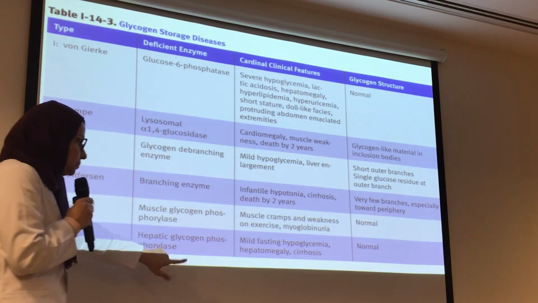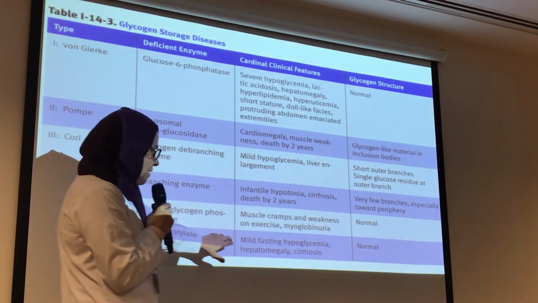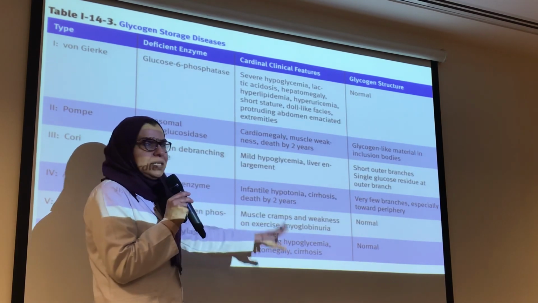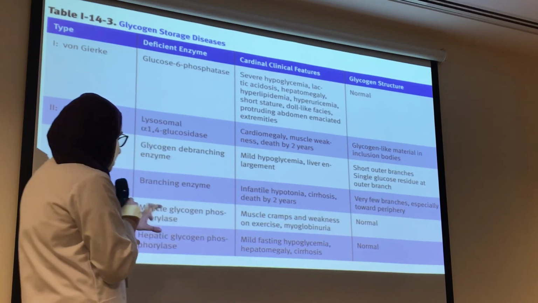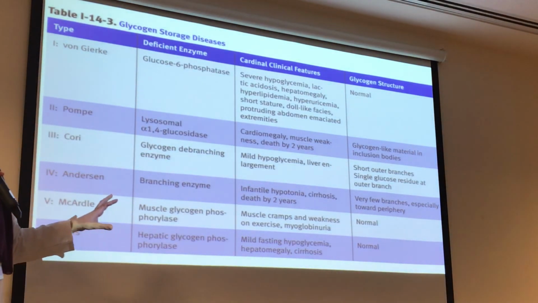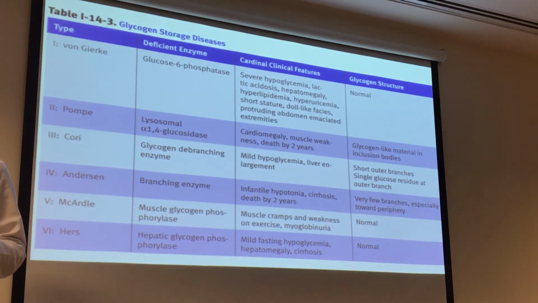Whereas here, because we have a deficiency in the liver, we are going to have hypoglycemia, but it is mild, and hepatomegaly. So remember, any enzyme deficiency that affects muscle will lead to a problem with the muscles, like cramping, weakness, fatigue.